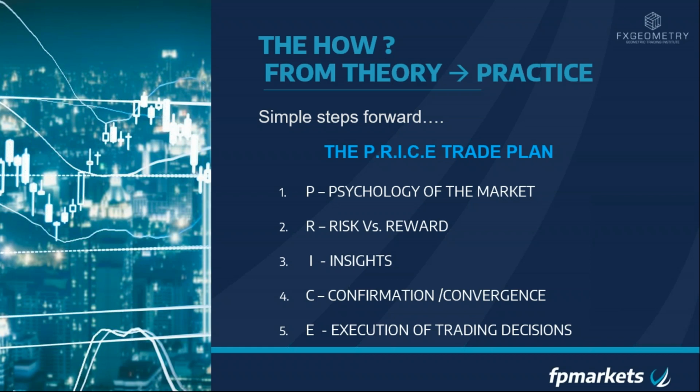So the first step, as I've mentioned, is the psychology of the market, and then we'll proceed to risk and reward, understanding our risk zones onto the chart, as well as in the market, knowing how volatile the market is, driven by what sort of factors.